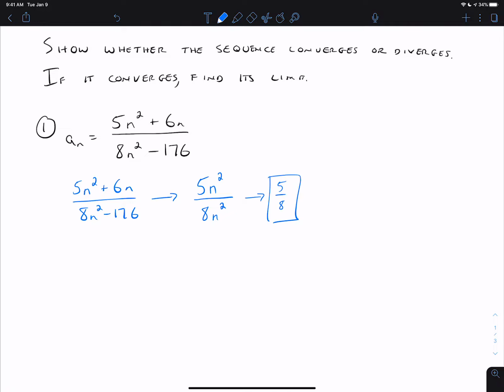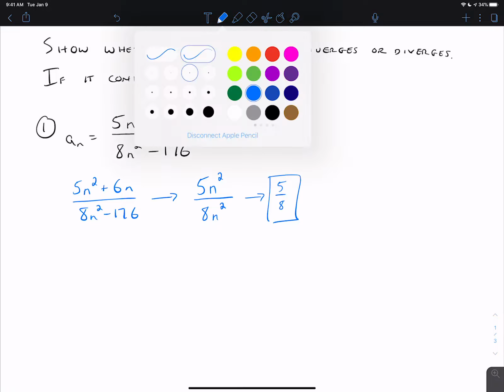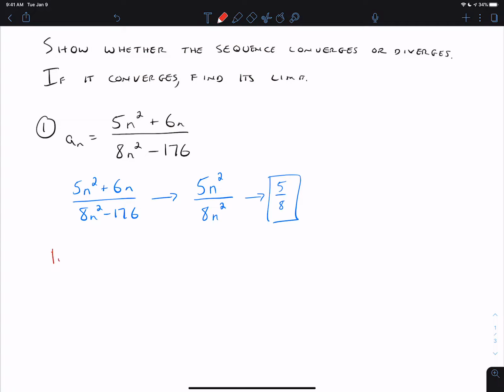So this is one way to show that the sequence converges or diverges. In this case, we're showing that it converges to 5/8. In Calc 1, you may have learned other ways to do that, and you're welcome to show them that way. Another way to write the notation would be, and we'll do this in red, the limit as n goes to infinity of 5n squared plus 6n over 8n squared minus 176.